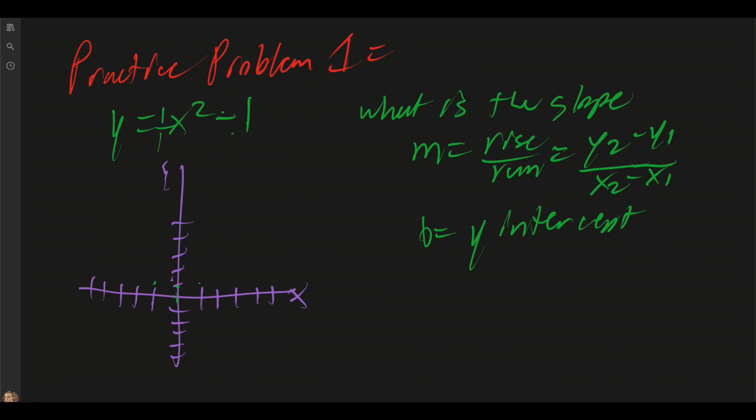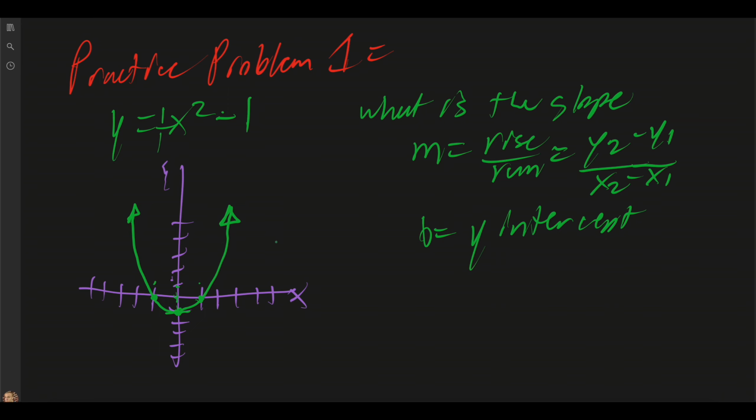However, our y-intercept is going to be negative 1, so that means it's going to have to be pinpointed right here in this area. This is just the basics of how we graph our quadratic equation as a first warm-up practice problem.